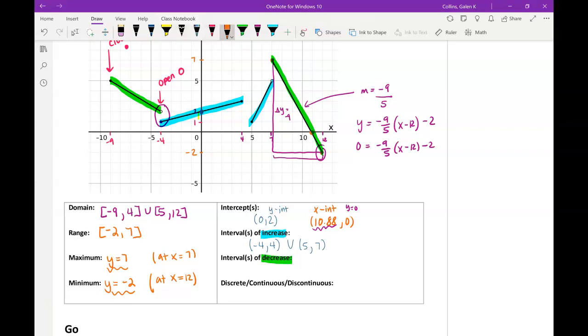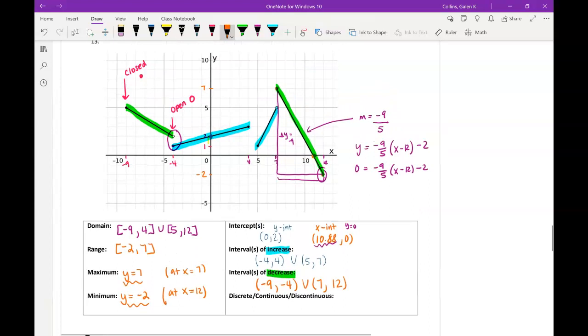Okay, so when I write that interval notation, again, I'm not going to include any of the endpoints. So -9 is an endpoint, -4 is an endpoint. I'm using parentheses so as not to include them. And then I'm not decreasing again until I get all the way over to where x is 7. And from 7 to 12, I'm decreasing.